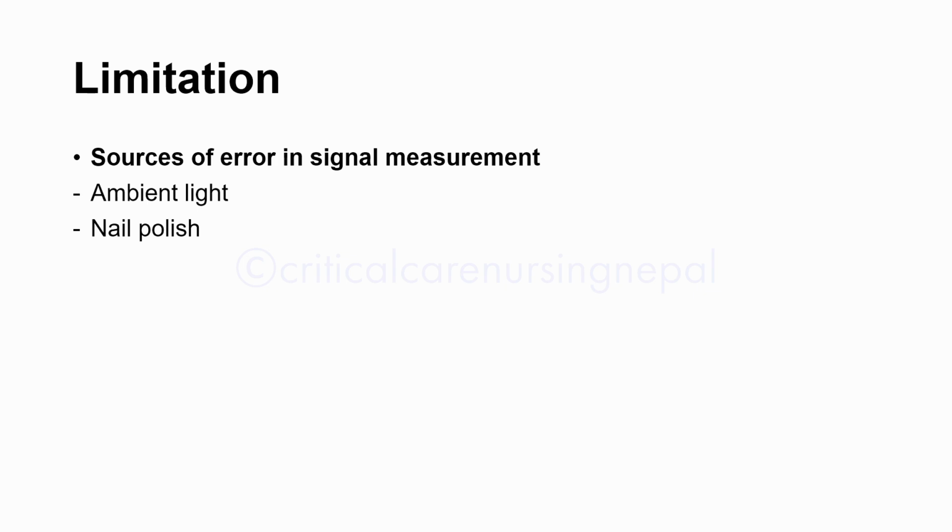Yes, let's get clinical. These are the real-world problems of pulse oximetry, and the first is the source of error in the signal measurement, which could be due to ambient light.